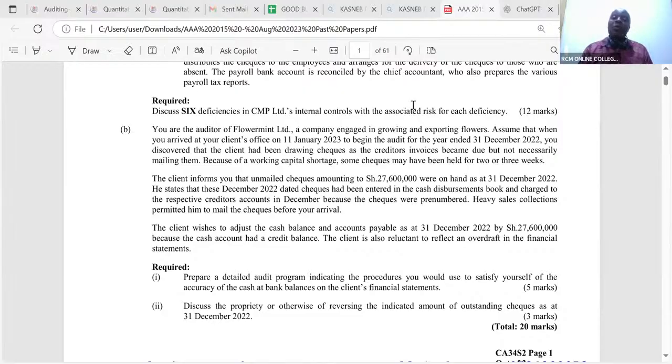Ladies and gentlemen, if you allow them to change that particular amount and show that they had paid, they want you to say that the amount was paid in December 2022. That is wrong. It wasn't paid. Remember, we would want financial statements that portray a true and fair view, truthfulness.